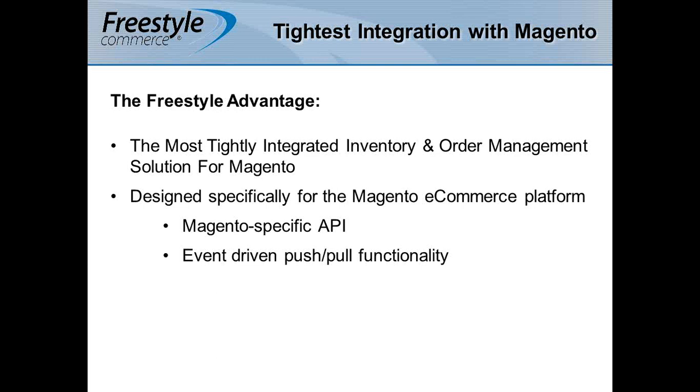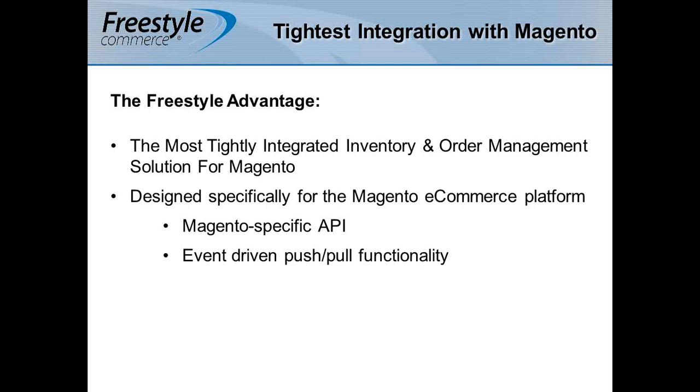Or vice versa, when Freestyle fulfills an order and detracts from your inventory, as well as updating your Magento site. So this way you always have accurate available to sell levels on your customer-facing site. And we'll demonstrate this integration in just a few minutes.